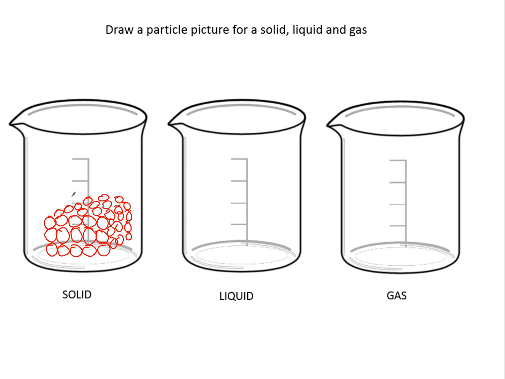And then I want you to name me some solids, so things like ice, chocolate, one of my favourites from over Christmas. For liquids, we could have water, petrol, washing up liquid, fizzy pop, anything you like.